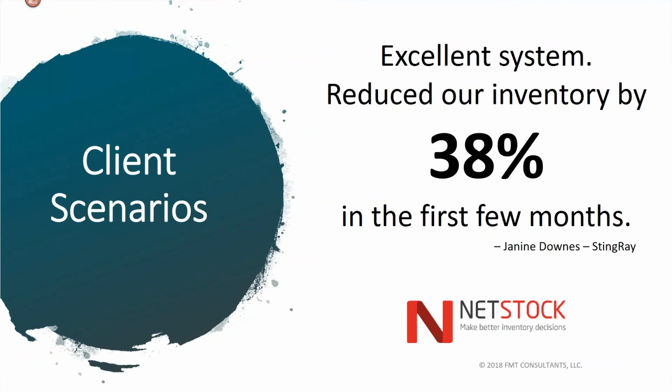NetStock sourced this, and it was a reference to the ability to reduce inventory by 38% in just the first few months. The implication is that by increased insight into the business, increased ability to make decisions, better visibility into demand planning and supply planning, this company, Stingray, could really optimize their use of warehouse space and manage their inventory.